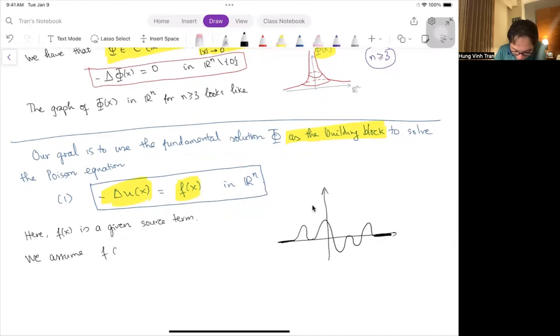that f is in C2c, where the little c represents compactly supported in Rn.